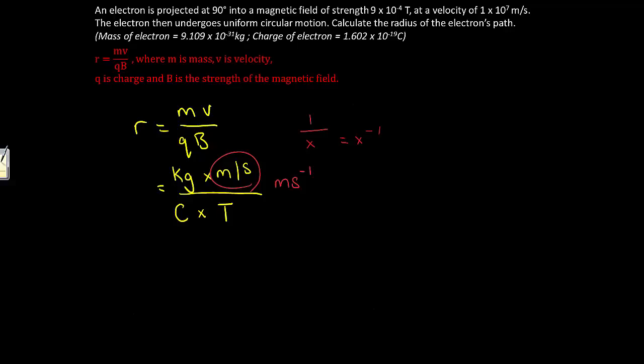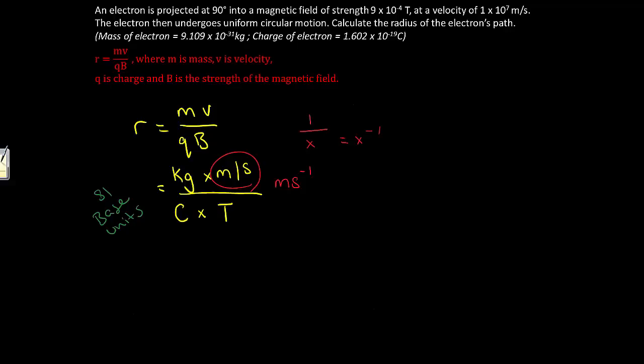However, what we know is that these can be expressed in terms of the SI base units. If you don't know what SI base units are, or if you haven't encountered them before, please watch the video that we have on those.